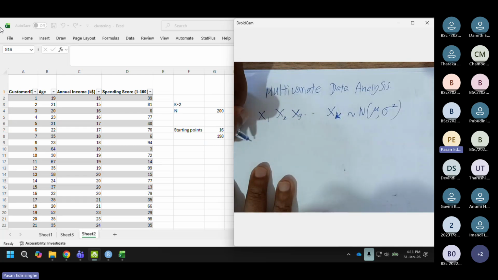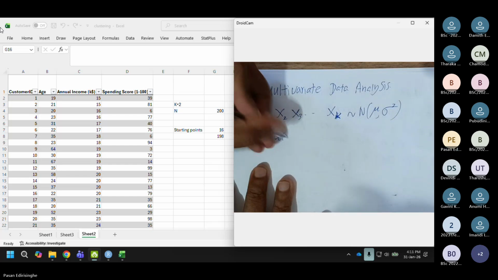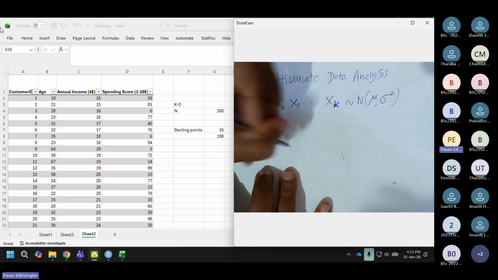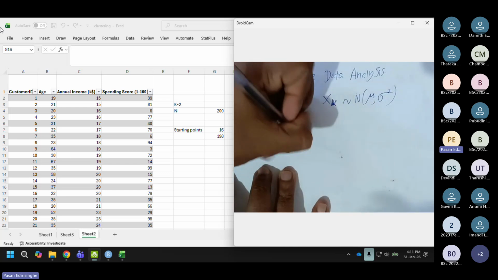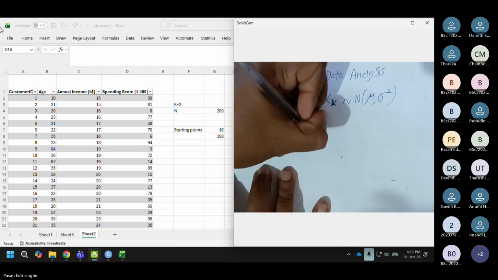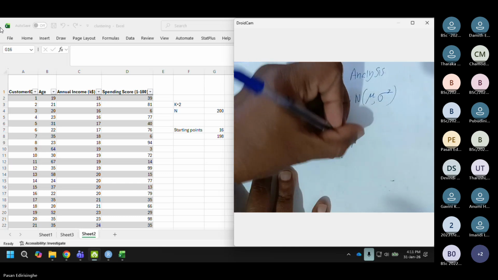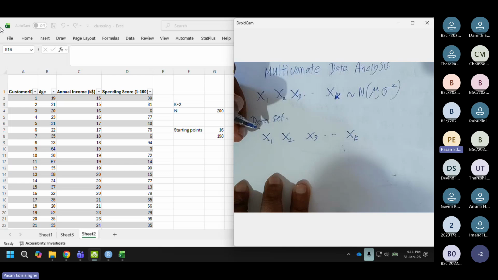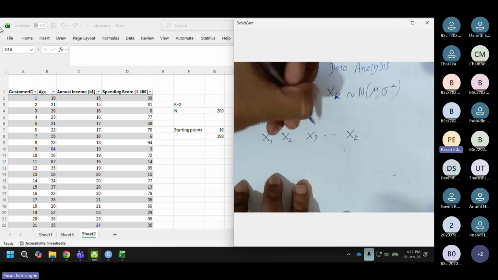So now we have a multivariate data set. If I look at the data set here, I have the variables x1, x2, up to xk, right? These are my variables.